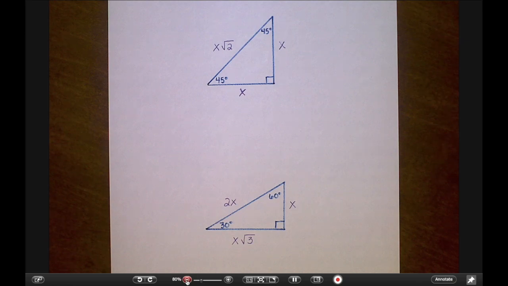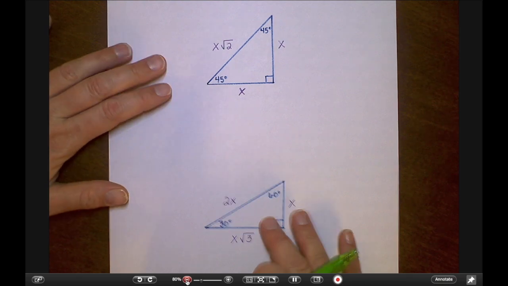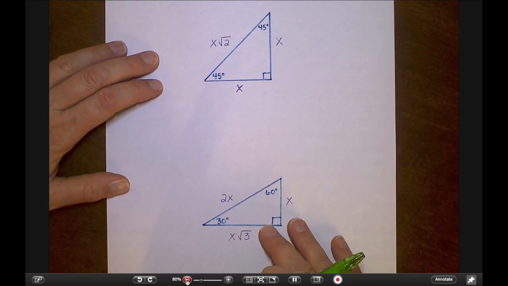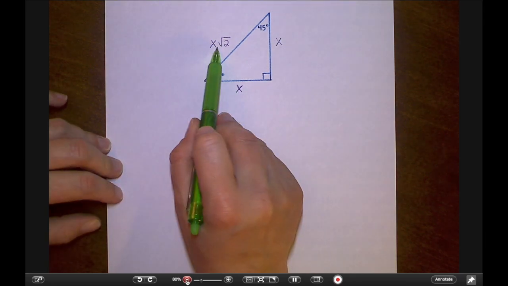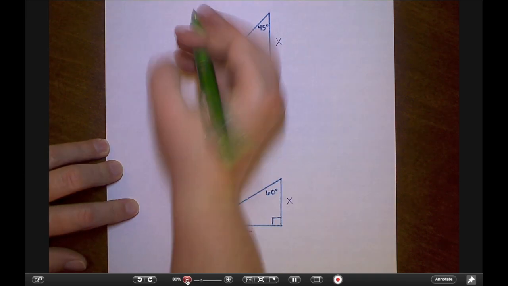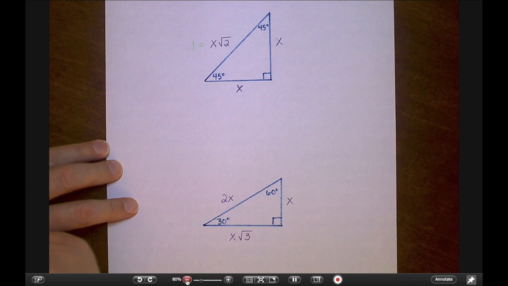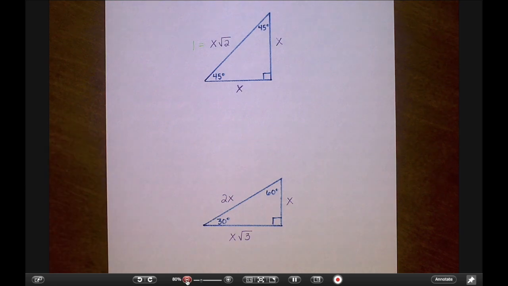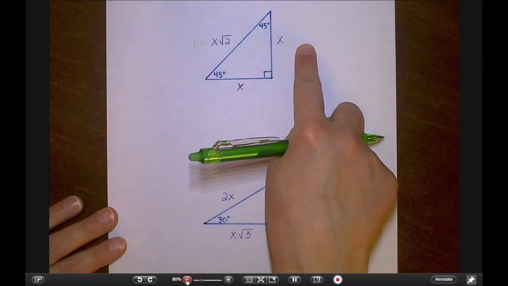So what we are going to try to do today is we're going to work with these special right triangles, but we want them to fit within our unit circle. And remember that I said our unit circle always has a radius of 1. So what I'm going to do is I'm going to set the hypotenuse of each of these triangles equal to 1. I don't know if you can see that super well, but I'm going to set that equal to 1, and then I want to use that to try to figure out what these x values are.